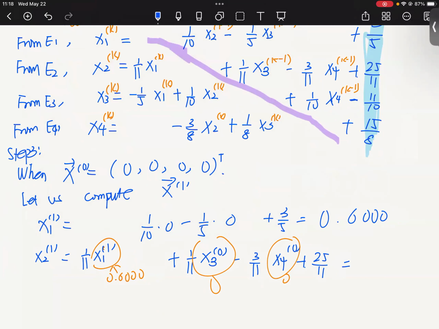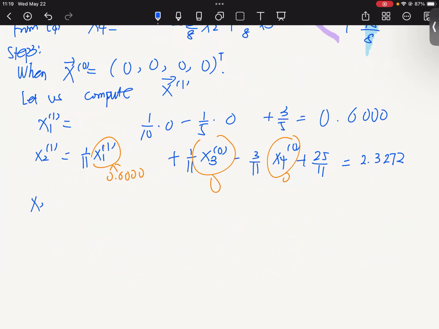At the end of the day, you use the numbers we have, use a calculator, and calculate the number. You do some rounding here. Of course, this is divided by 11, and I believe you should round off here and keep 4 decimal places.